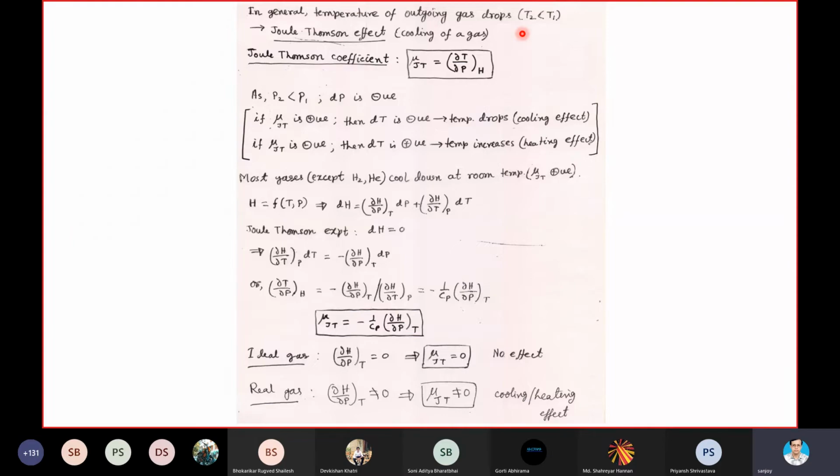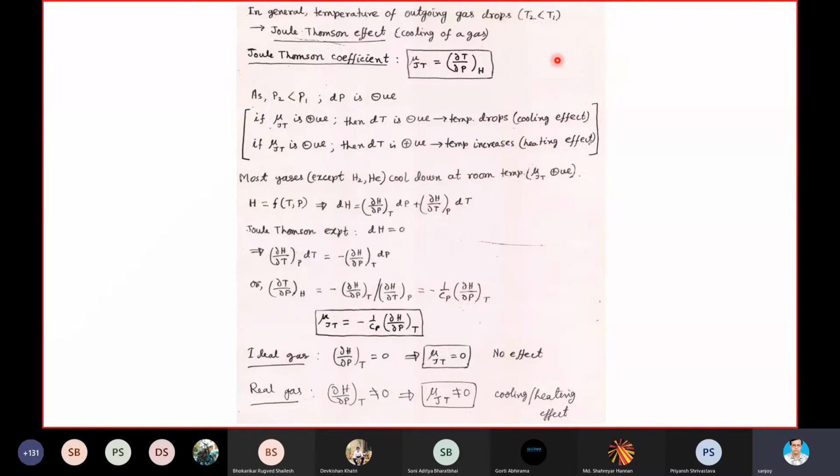Not necessarily that you will always get a cooling. That depends on certain conditions, but under normal conditions, room temperature and all, most gases show a drop in temperature, so often it is just called cooling. We will show you it can be a heating effect also, or a cooling effect, depending on the conditions. So in general, this is known as the Joule-Thomson effect.